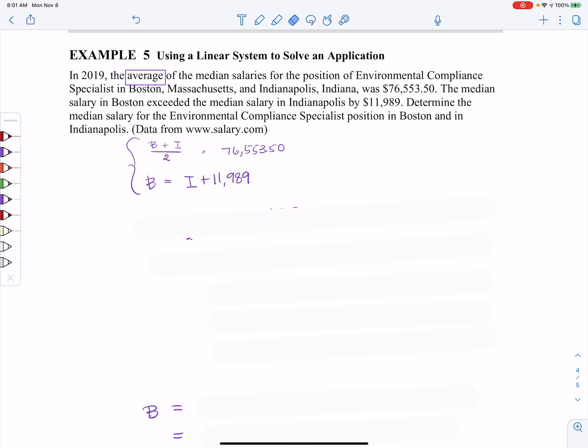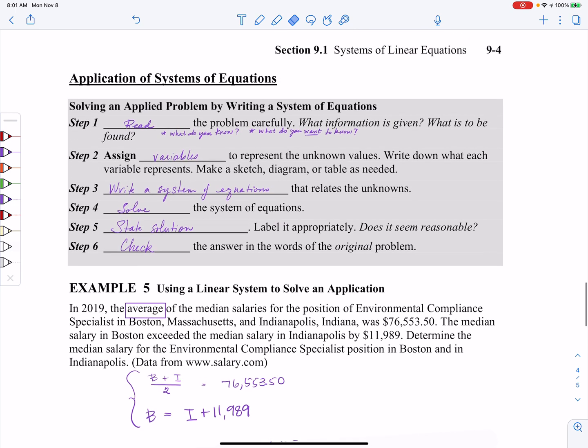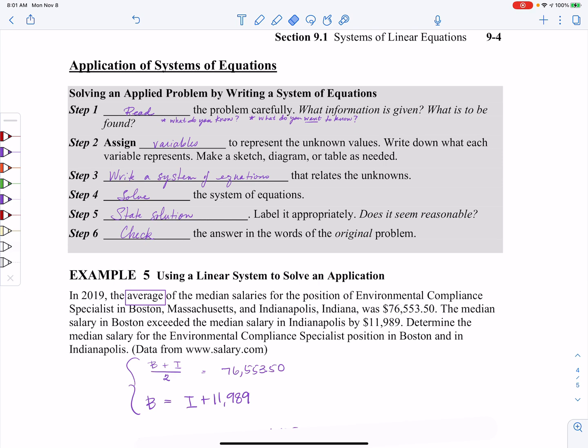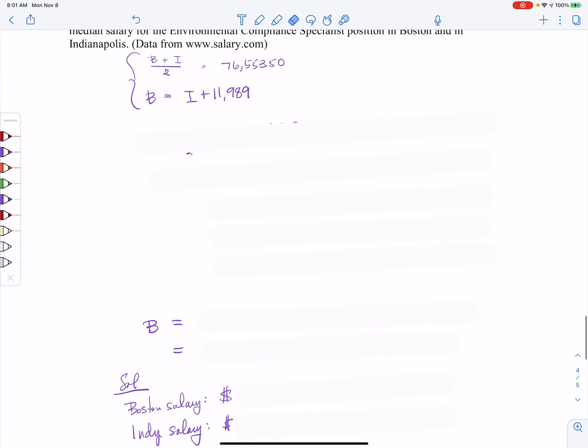All right, so then we're supposed to determine the median salary for both Boston and Indianapolis. Okay, so in our little form up here, we're basically on step 4 now. Let's solve our system of equations. The first thing that I'm going to do here is use substitution. I took my second equation, and in for the B value, I substituted what B was equal to, and that I showed in a different color.